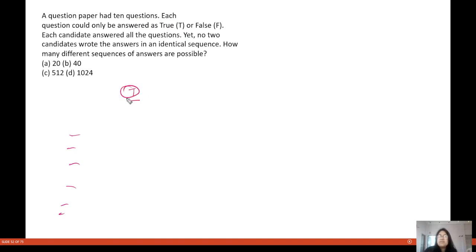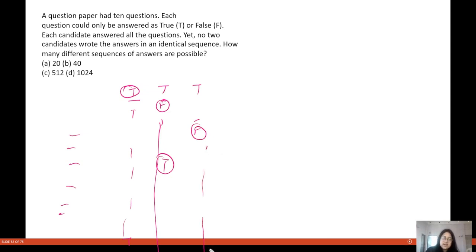For example, if all answers are true, that is one sequence. Then if one answer is false and the rest are true, that is one sequence. And let's say the third answer is false and the others are true, that is one sequence.